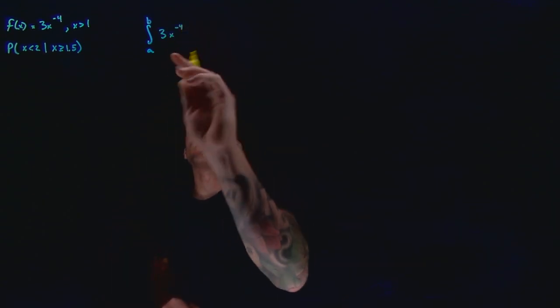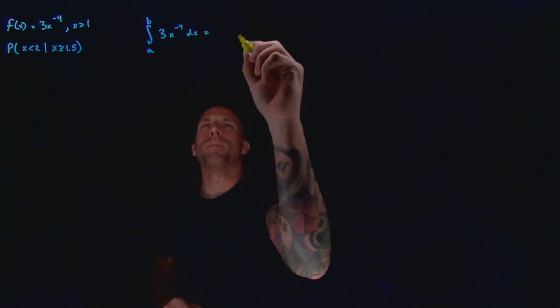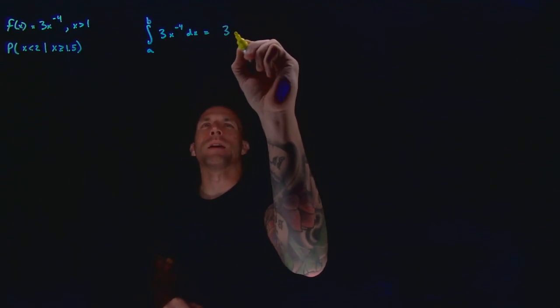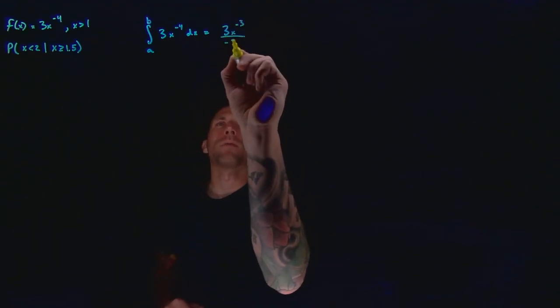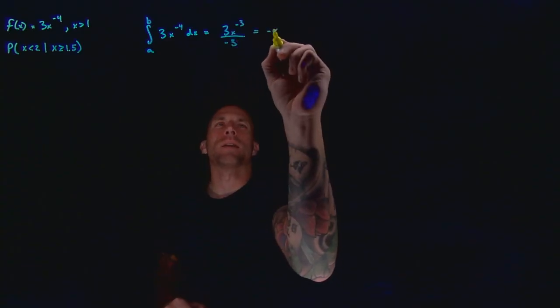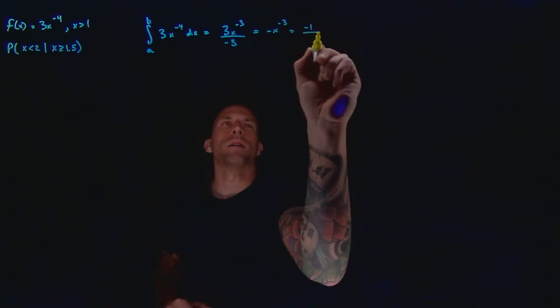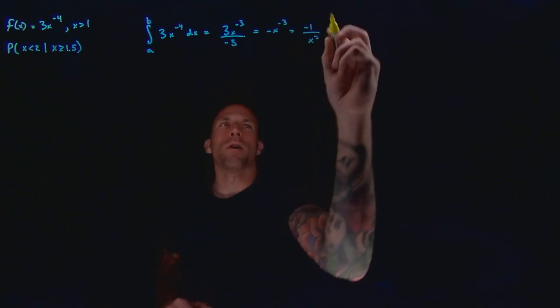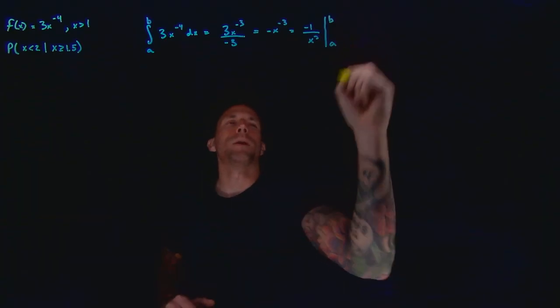So we have 3x to the negative 4 dx, apply the power rule, and we get 3x to the negative 3 over negative 3, and of course that will simplify down to negative x to the negative 3, which is really just negative 1 over x to the third, and again evaluated from a to b.